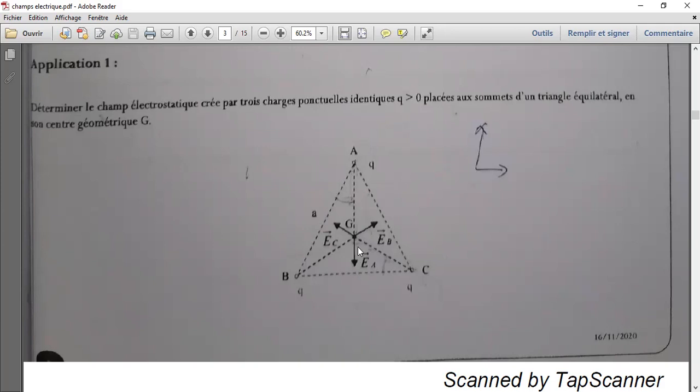Then I can calculate my BG. I don't know if there's any other question.